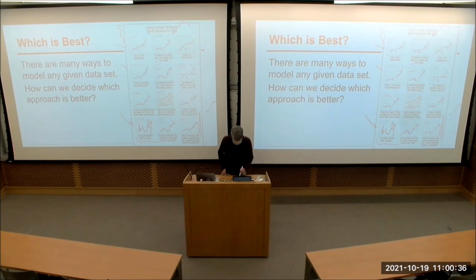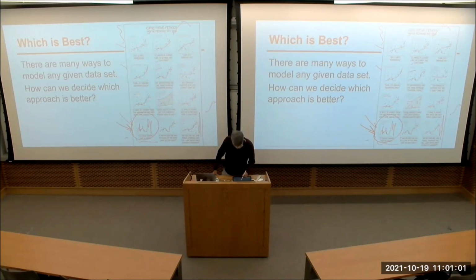There are different criteria by which you judge how good a fit is. If you take the points and connect them by lines, this perfectly fits the data. Does everybody agree? Now, I also think this is a terrible model.